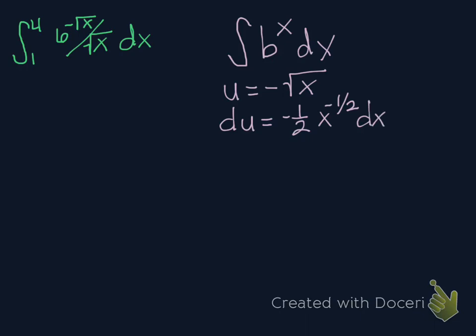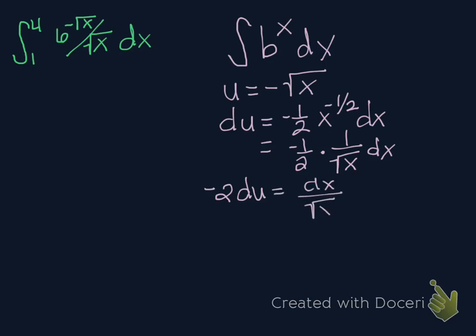And x to the negative 1/2, that's 1 over root x. So that would be negative 1/2 times 1 over square root of x dx. And I want to move this over, so I need negative 2 du is equal to dx over root x.